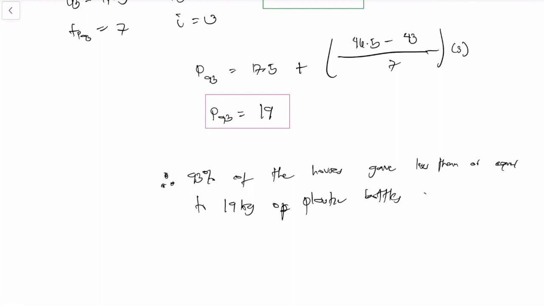At the same time, we can also say the remaining 7% gave more than or equal to 19 kilograms of plastic bottles.